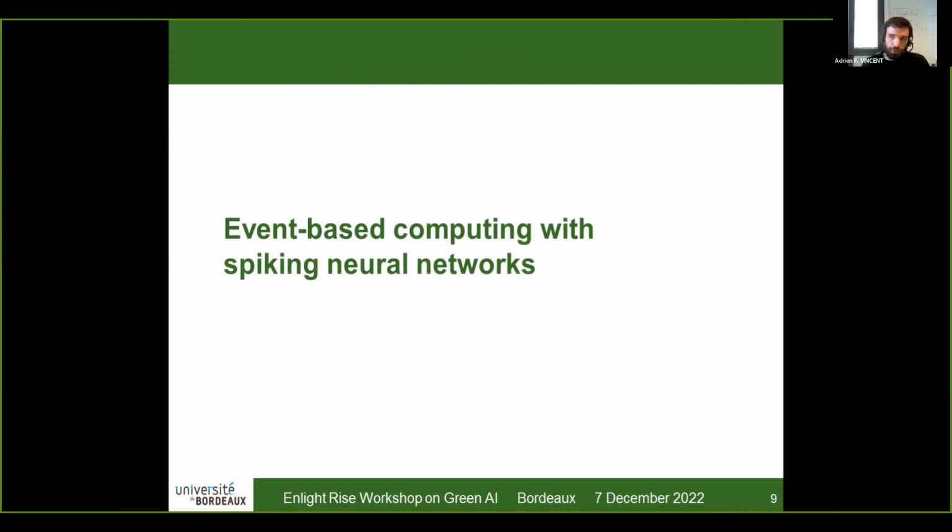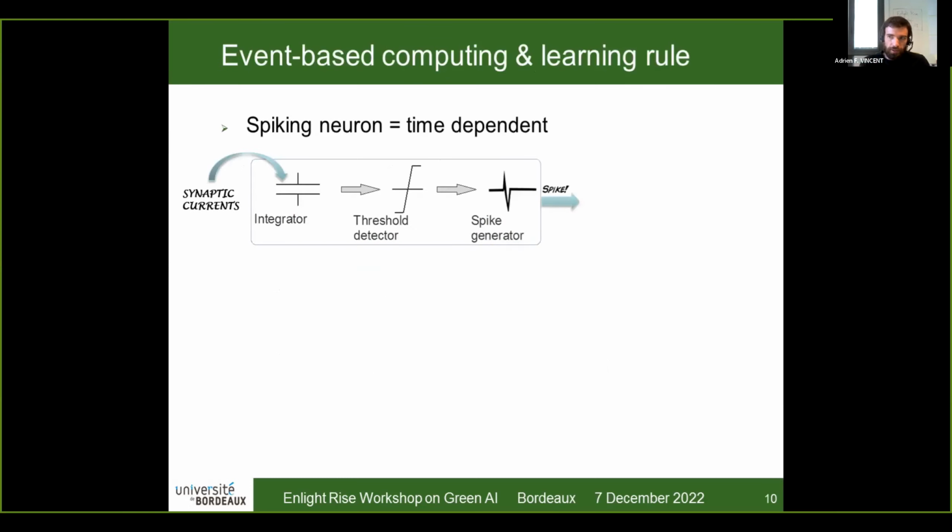So event-based computing, which is closely related to what's called spiking neural networks, refers to systems that go a bit further in mimicking the biological brain than a conventional deep neural network does, in the sense that they are using spiking neurons. So in the brain, your neurons are propagating action potentials, which are events.